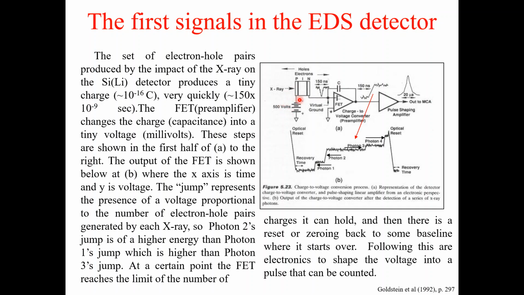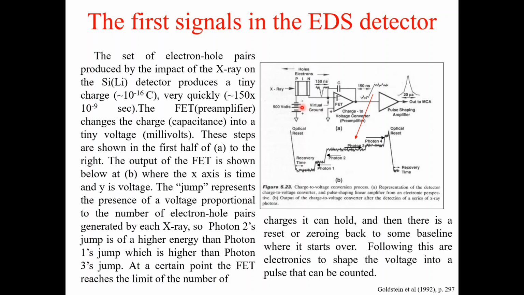The electron hole pairs produced by the impact of the X-ray on the silicon lithium detector produce a tiny charge. How much is that? That is 10 raised to power minus 16 coulomb, produced very quickly, in a short interval of time of approximately 150 times 10 raised to power minus 9 seconds. So that is the smallest charge, processed within the smallest interval of time.